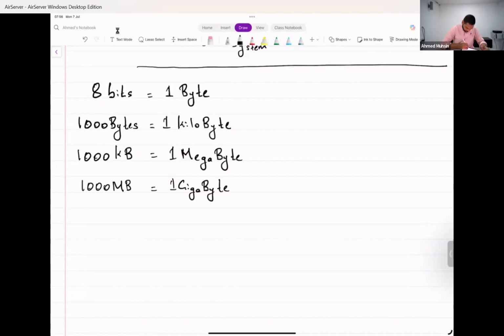If you put 1000 GB together, you get 1 terabyte. Let's go one more step. If you put 1000 TB together, you get 1 petabyte.